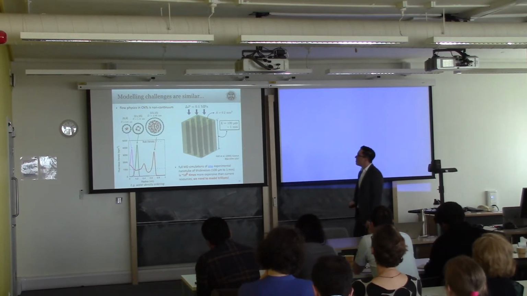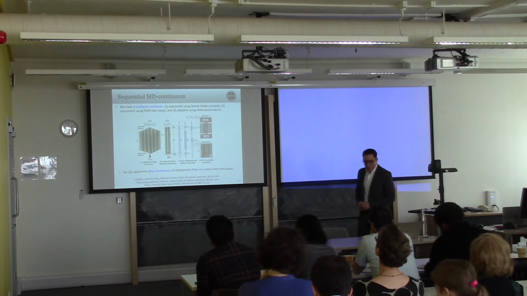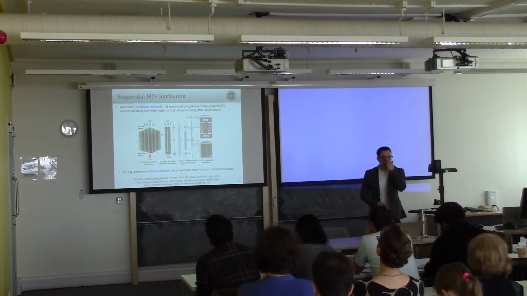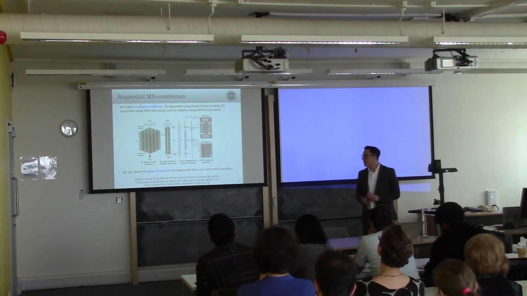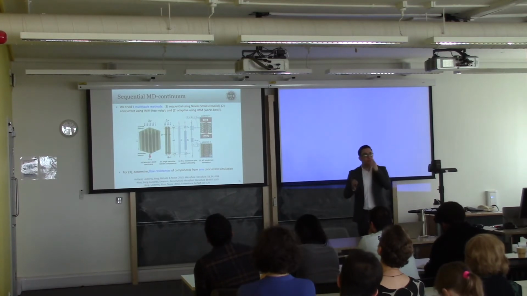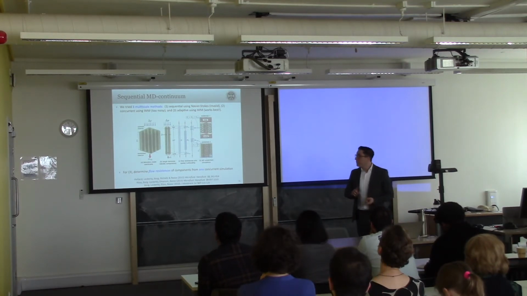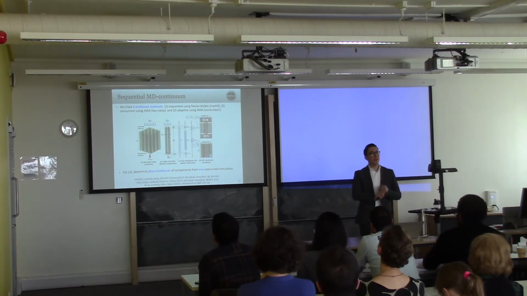So how do we solve this problem? We came up with 3 multiscale methods, and I didn't want to go into too much detail, but I'd like to give an overview of what we've done. The first method, we said, let's apply CFD simulation.